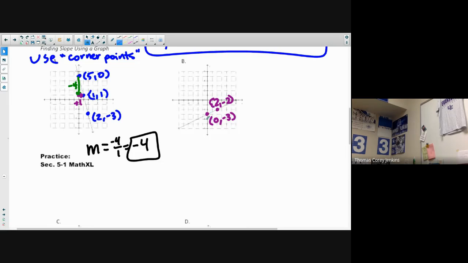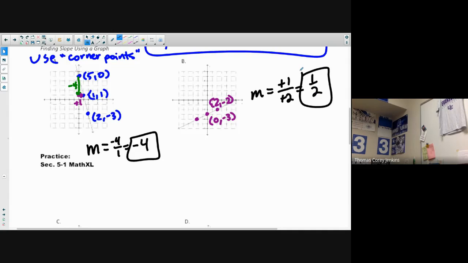Let's just make sure, down 1, left 2. So it looks good there too. Okay, so my slope then, going from here to here, is going to be rise 1. Rise goes on top. Rise 1 over run positive 2. 1 over 2 just simplifies to 1 over 2.